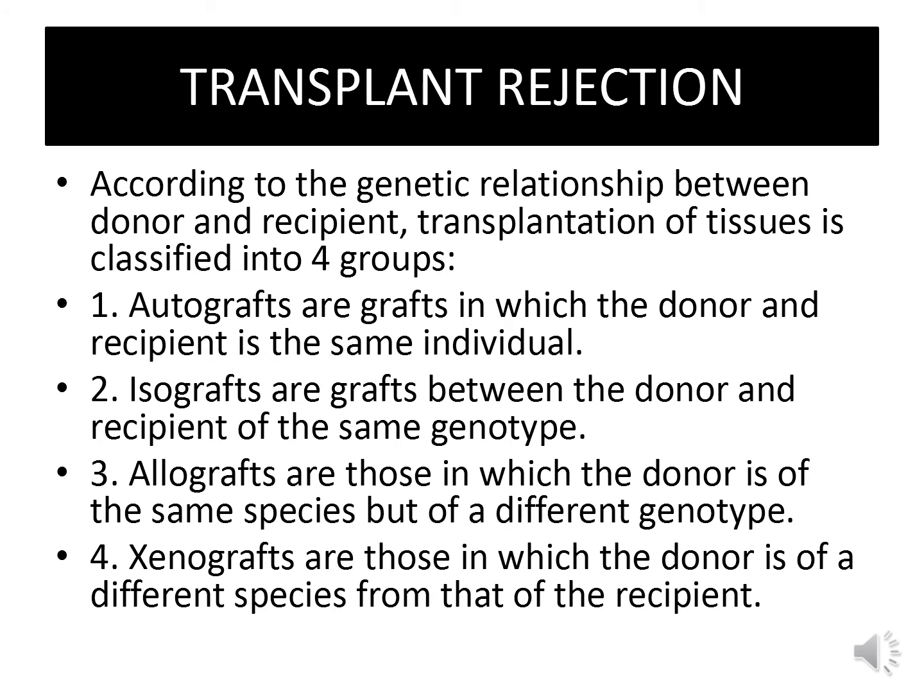A few words about transplant rejection. According to the genetic relationship between donor and recipient, transplantation of tissues is classified into 4 groups. Autografts are grafts in which the donor and recipient are the same individual.